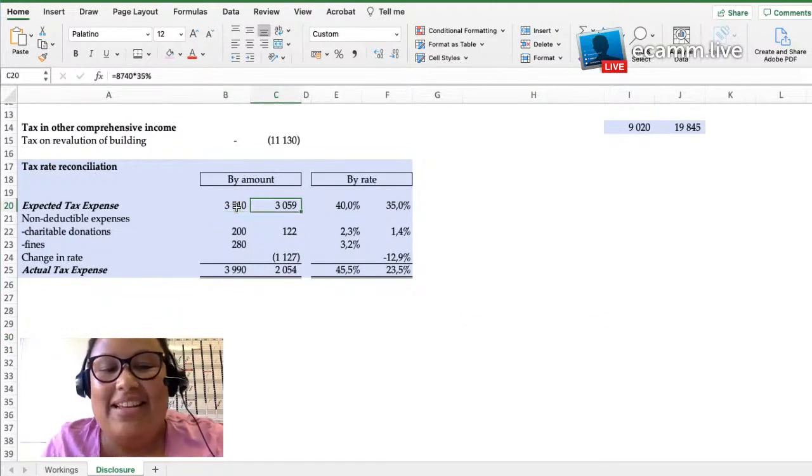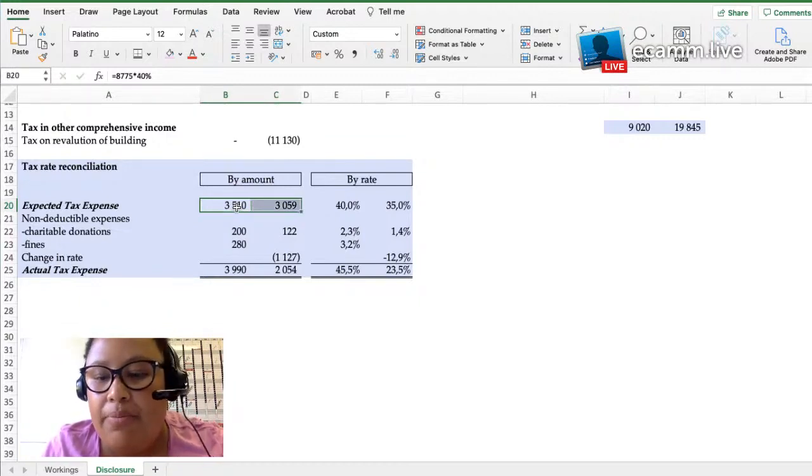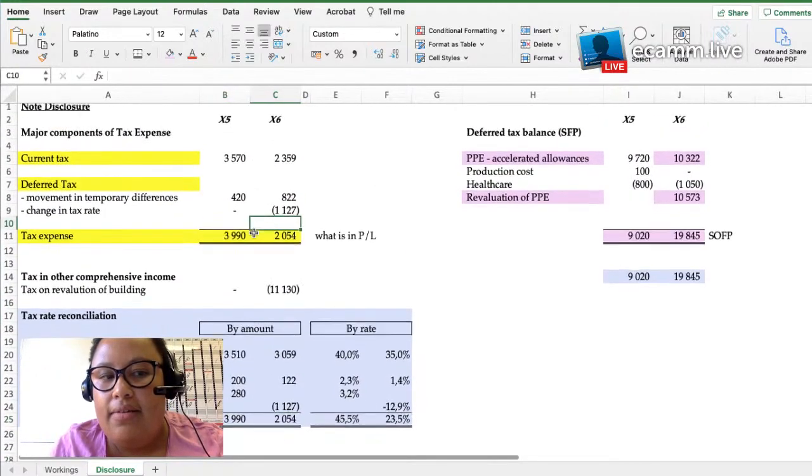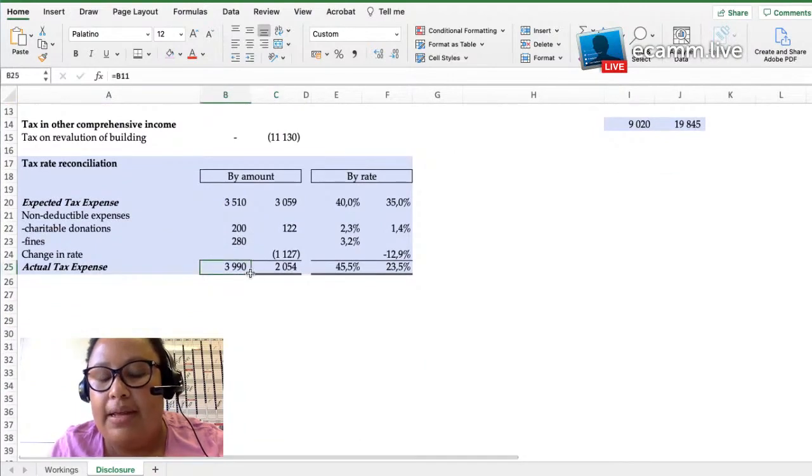Let me re-explain now that you can see. Big picture, what have we done? We looked at our expected tax, which was the accounting profit before tax times the tax rate. Then we had our actual tax expense, coming from the major components sitting in P&L.